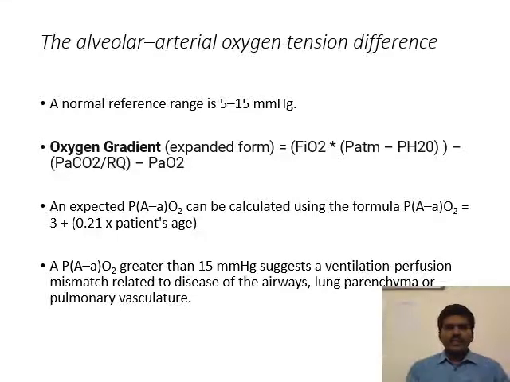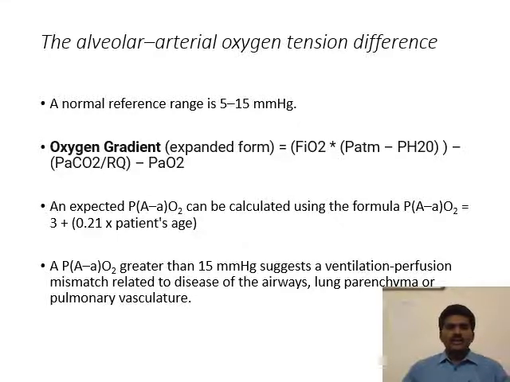It is FiO2 times atmospheric pressure minus water vapor pressure, minus PaCO2 divided by respiratory quotient. Respiratory quotient for the human body is 0.8, minus the measured PaO2. An expected alveolar-arterial oxygen tension difference can be calculated using the formula 3 plus 0.21 times the patient's age.